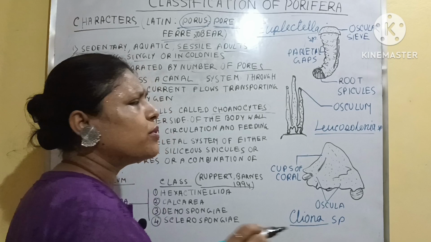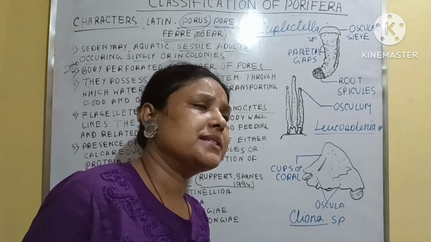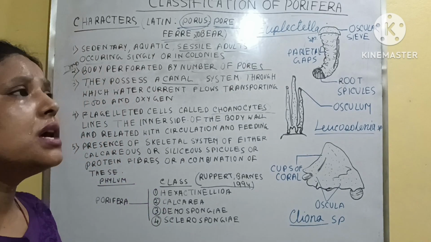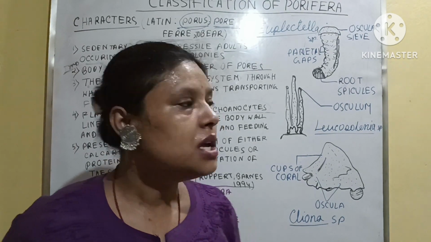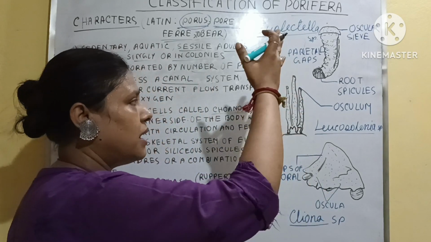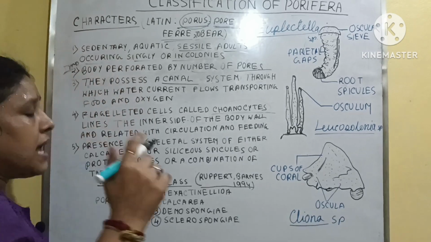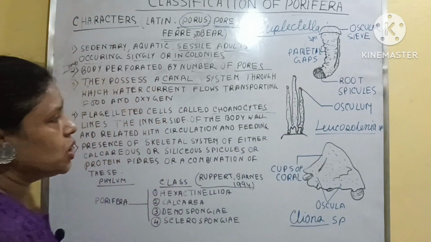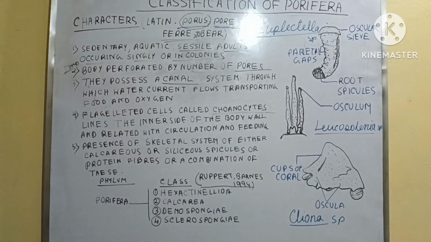These are animals, obviously, because they reproduce to form new ones. That's why these are animals. And as the cells are present within the inner wall of the body, obviously these are living.